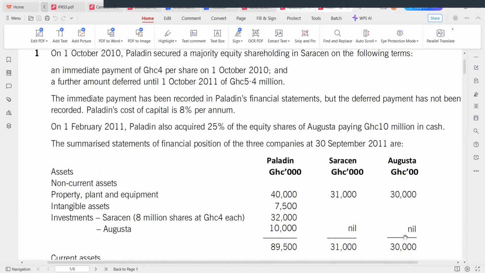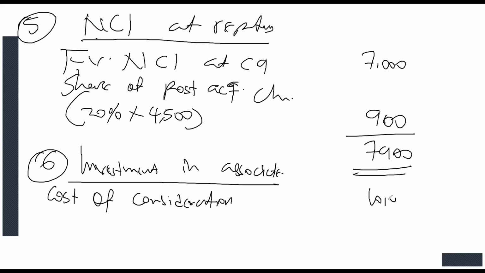The consideration paid was 10,000. Then you add share of post-acquisition changes in net assets. So that is what you have to do for us.